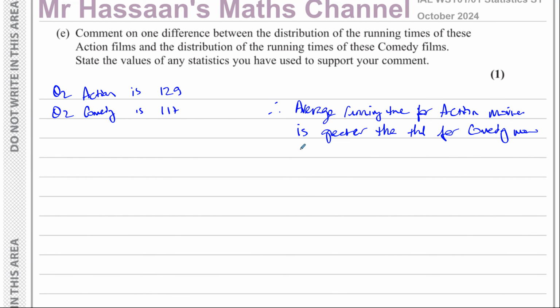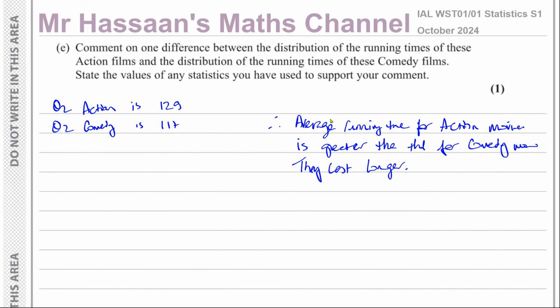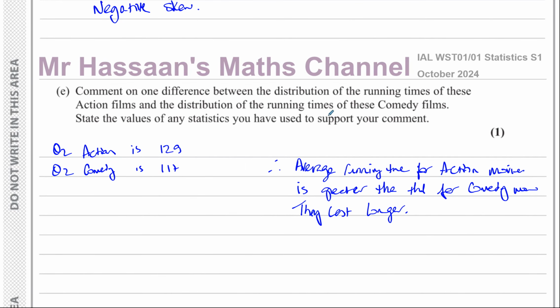So basically, they last longer on average. They're the longer lasting movies. We could talk about that. We could talk about interquartile range, but I think talking about this is probably the easiest thing, because we've already got the values calculated.